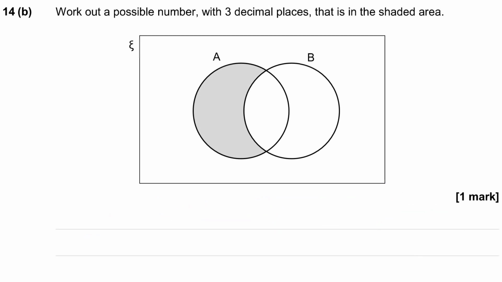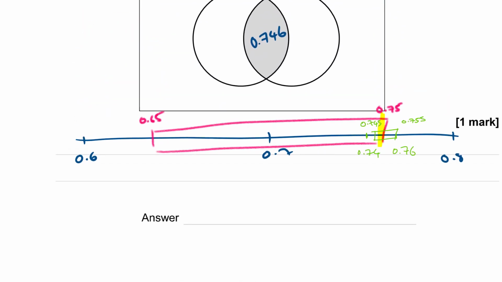Part B asks us for a number to 3 decimal places that will be in this shaded area, which is in the set A but not in the set B. So something that doesn't round to 0.75 but does round to 0.7. So we could pick any number from here up to here. Quite a lot of choice.